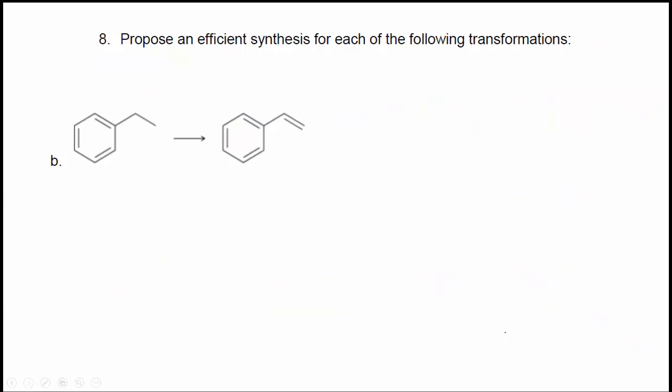All right, here we're going to work on a couple of shorter synthesis problems. This one is maybe 2 steps. So if we're looking at what is happening here, we're doing an elimination. In order to do an elimination, we need to have a leaving group. So you could have a leaving group here, or one at the benzylic position.